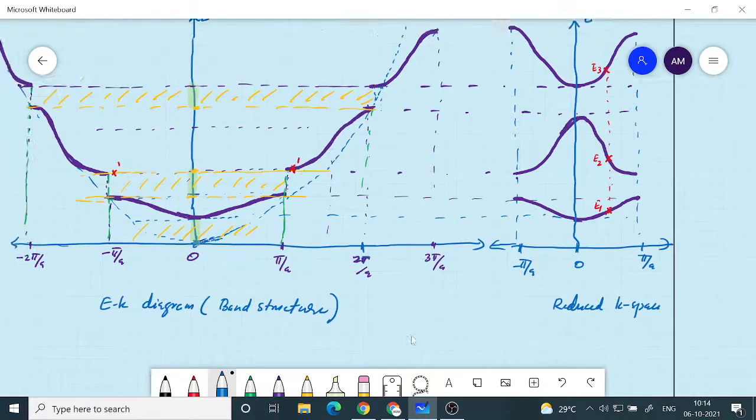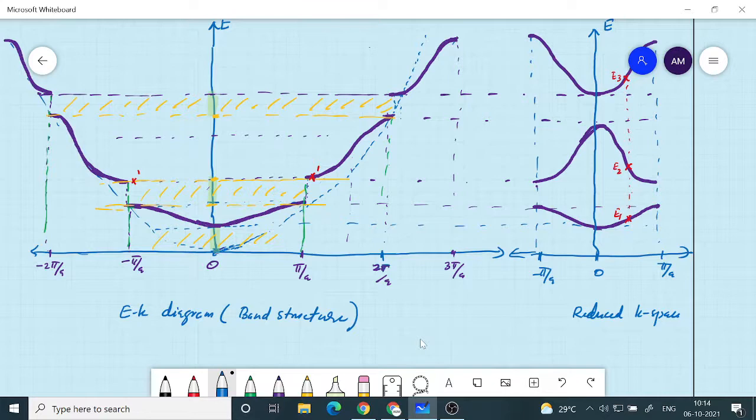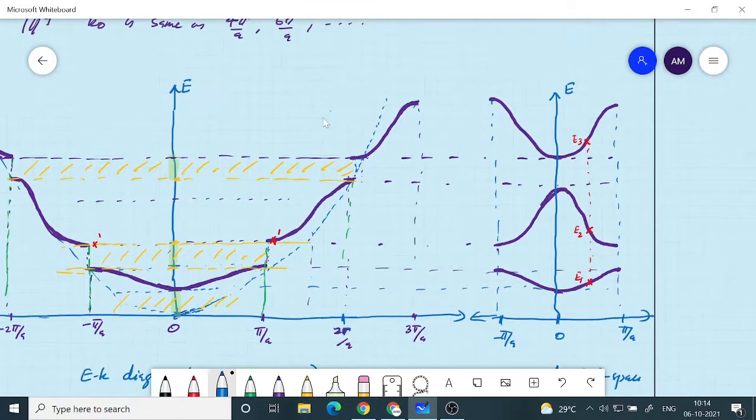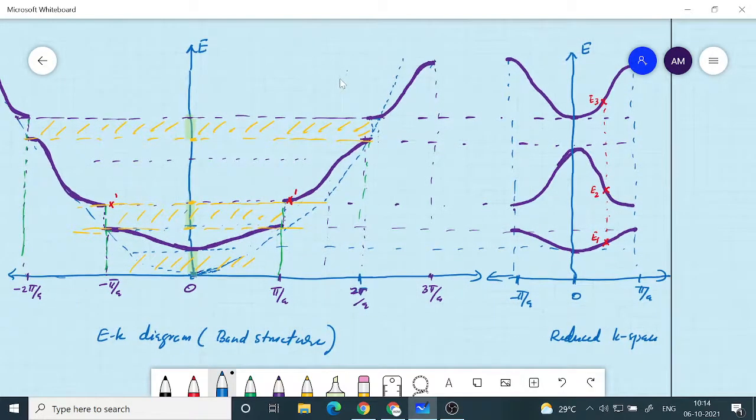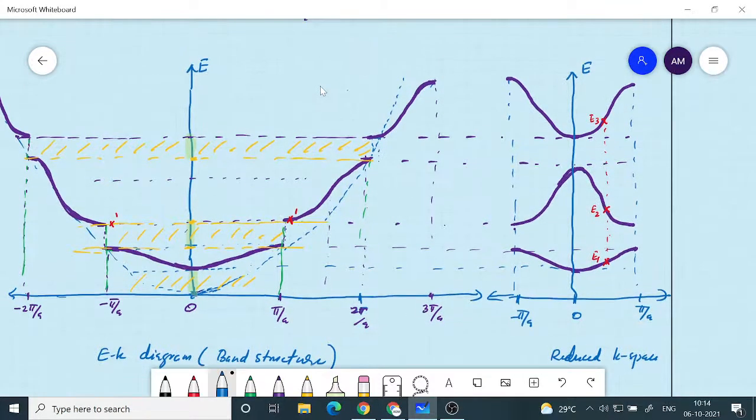So we are now talking about the origin of band and origin of band structure. It comes from the conditions that we derived for the Schrodinger equation to have a solution in the periodic potential, and the major ingredient in that is the Bloch wave function.